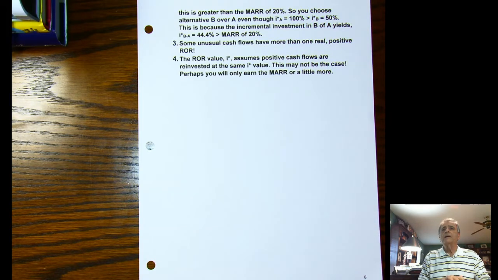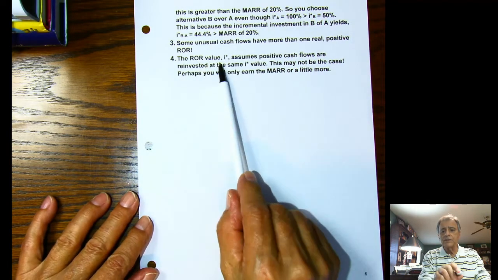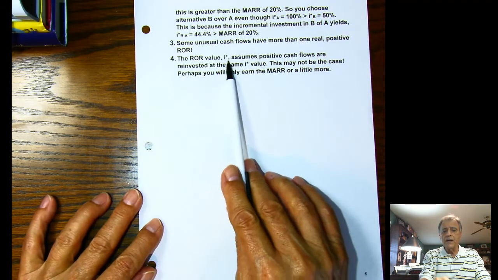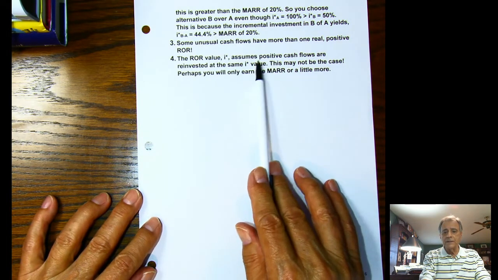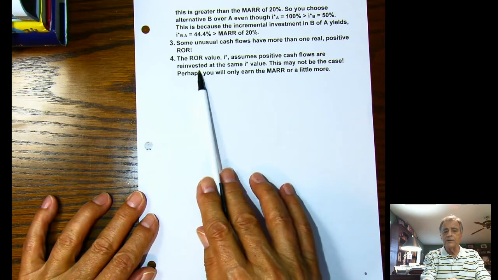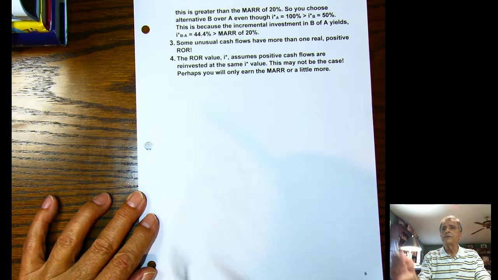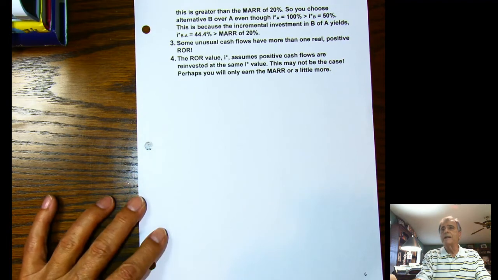Now, the fourth caution is that when you solve for I star and you say this is the rate of return, you're assuming that you can reinvest any revenues that come out of that project at that same rate. Well, the fact of the matter is you may not be able to.